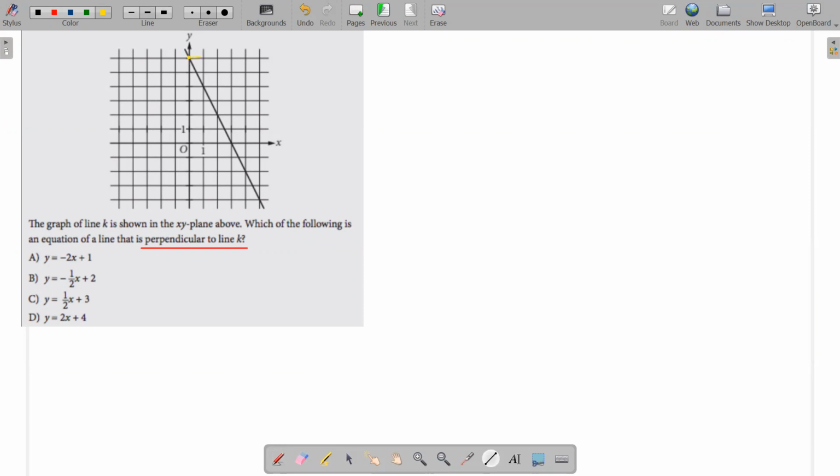In this case, we go 1 step to the right and 2 steps below. That means my slope is going to be 1 for the denominator, -2 for the numerator, because we went 2 units below. So the slope is just -2.